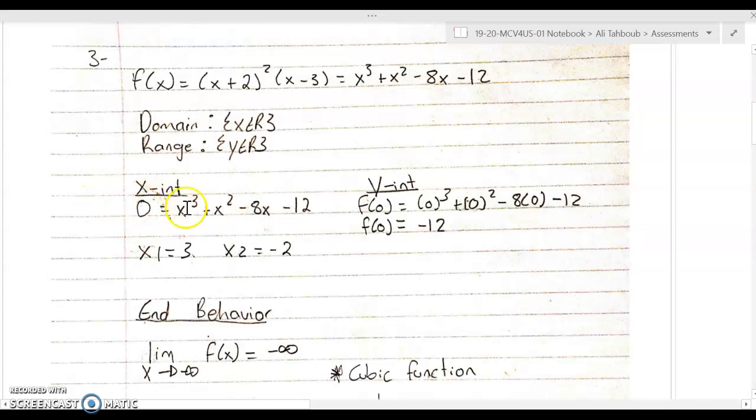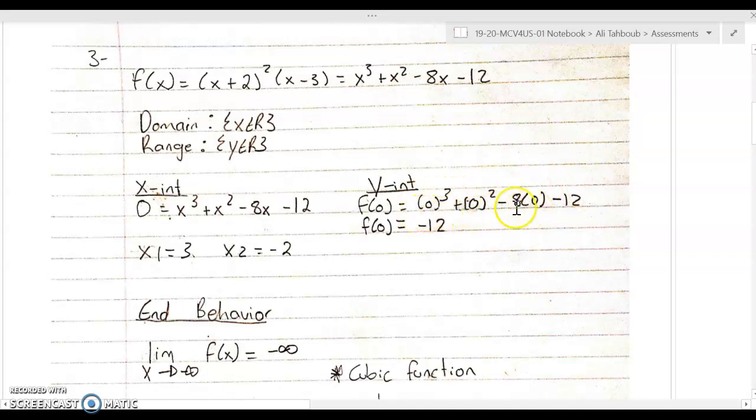So what I did was enter the equation in unknowns mode on my calculator, and I plugged in the values of all these numbers. Basically I got that there's an x value at 3 and there's also an x value at -2. To find the y-intercept, you plug in 0 for all the x's, which is very simple.